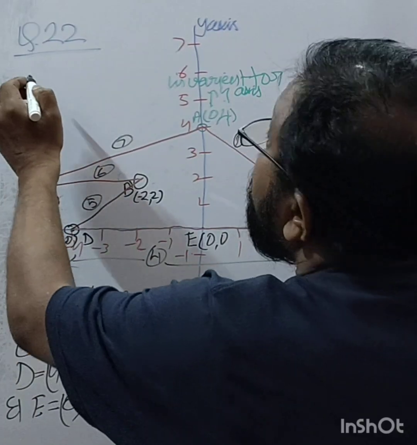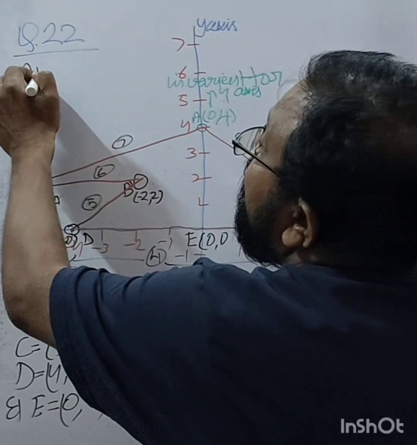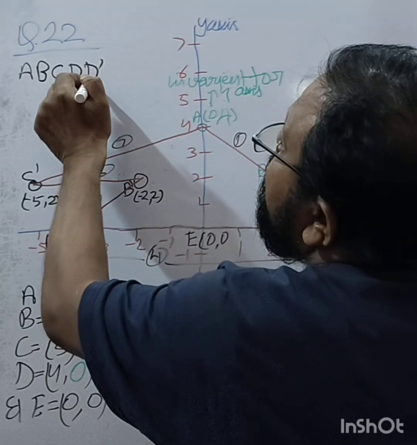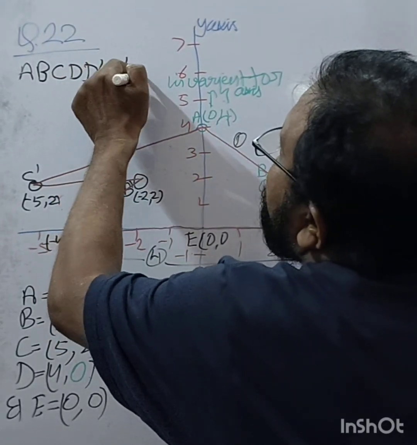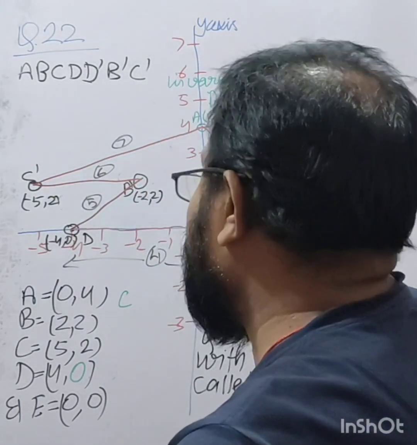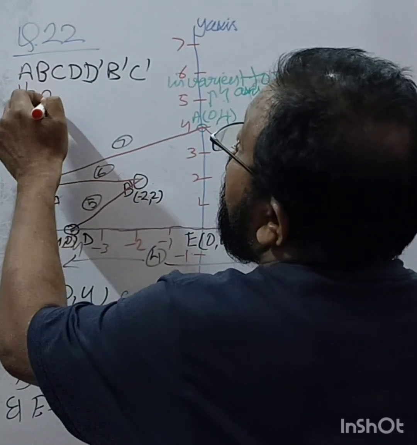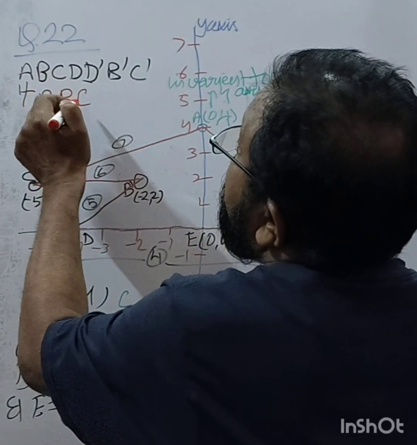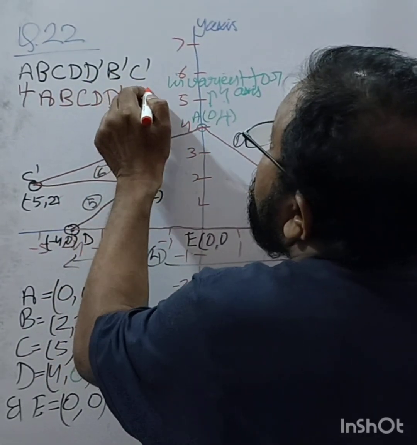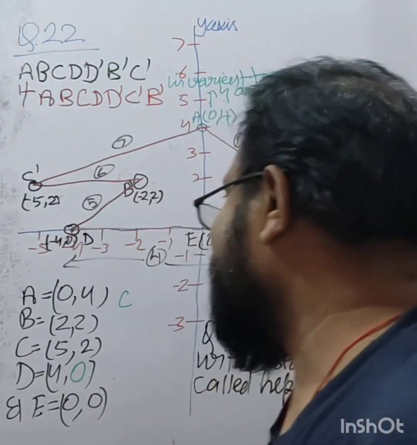Okay. This is we are joining A, B, C, D, D dash, B dash, and C dash. Right? But if it is A, B, C, D, D dash, C dash and B dash in the same order, then what happens? Star.